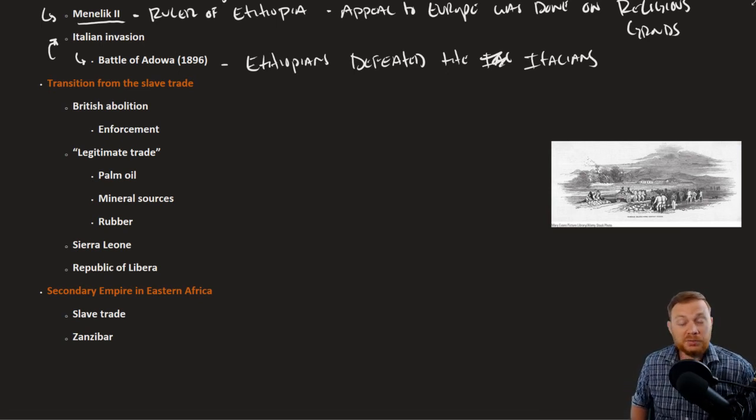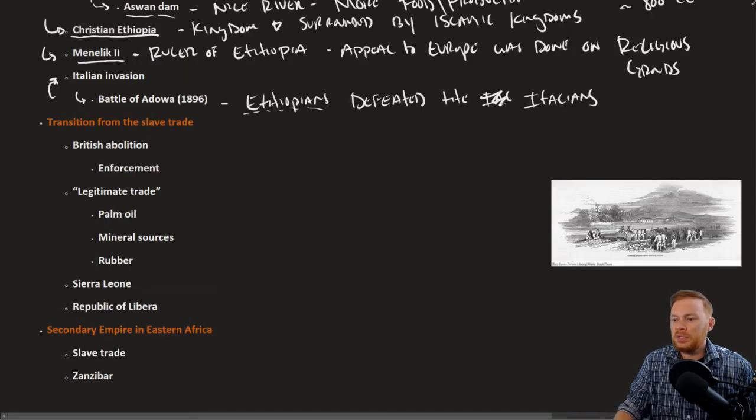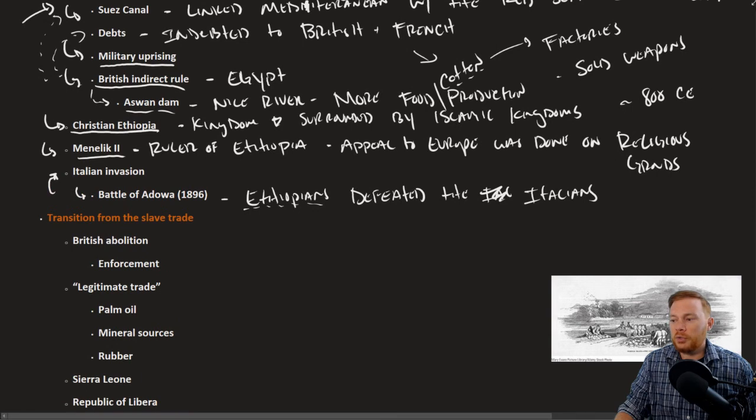But Ethiopia retained its independence, right? And that was very important because during the era of imperialism and during the scramble for Africa, there weren't many independent African states. So we might say Ethiopia defeated the Italians and retained independence. Right, one of the few areas to do that.